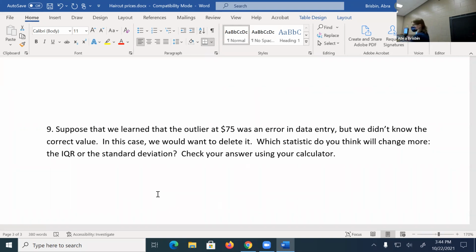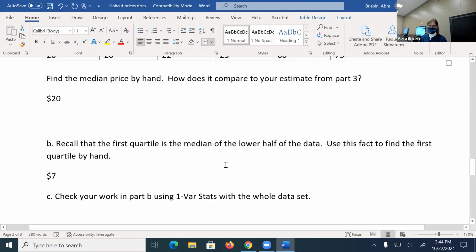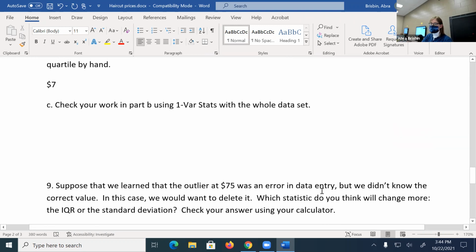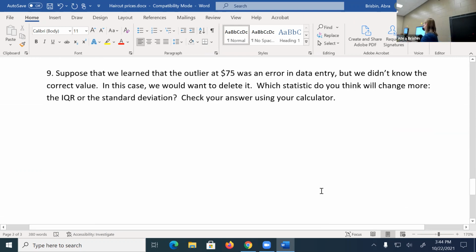It could have been 61, so just anything bigger than the next largest, or it could have been 1,000,000. The interquartile range only cares about, oh, there's a data point there that's the biggest. It doesn't care about the actual value. So the interquartile range, like the median, ends up being robust to outliers.